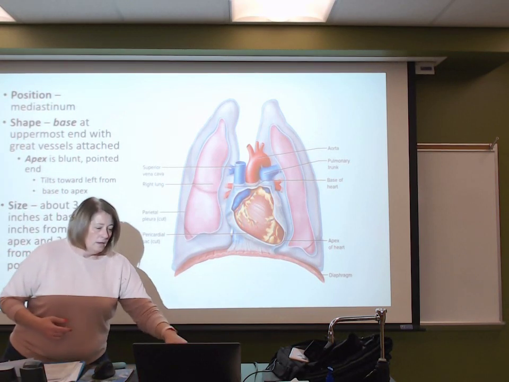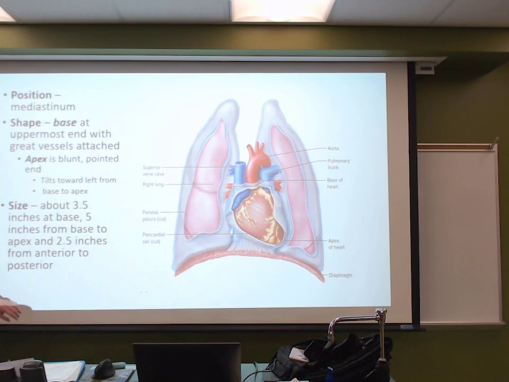So if we look at the shape, yes, usually about the size of a fist, which would be different person to person, but for the most part very similar in size. We say that the structure has a base and an apex.